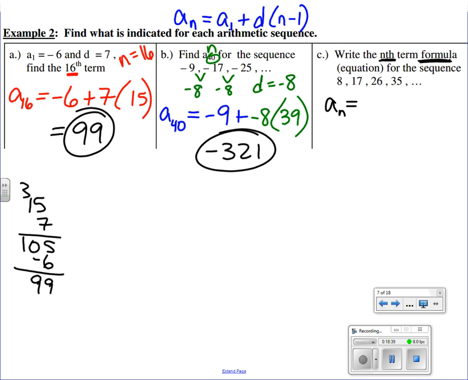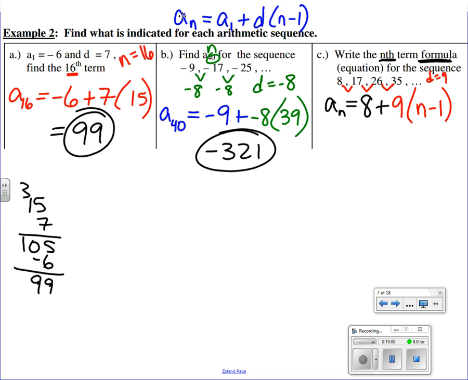Kendra, what goes in for A1? 8. Good. And then I put a plus. Autumn, how do I figure out what D is? What do I have to do? Very good. So it's adding 9. So D is 9 in this case. Parentheses. And I don't know what N is, so I just put N minus 1.